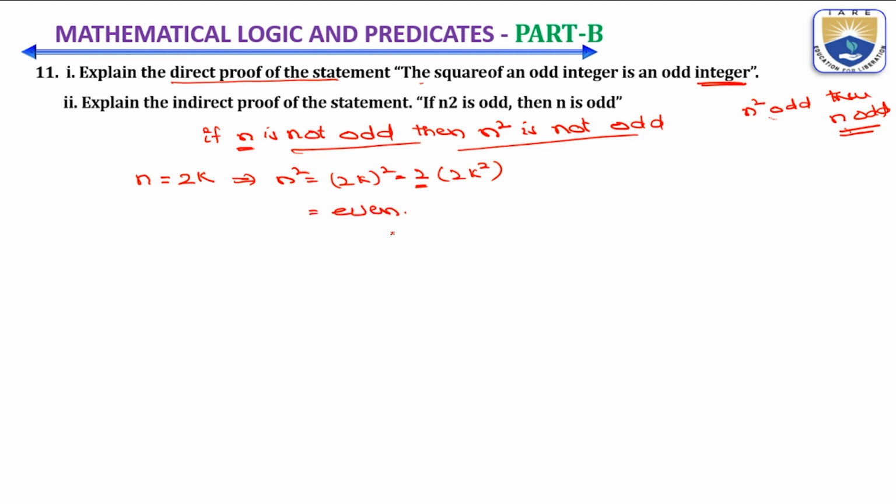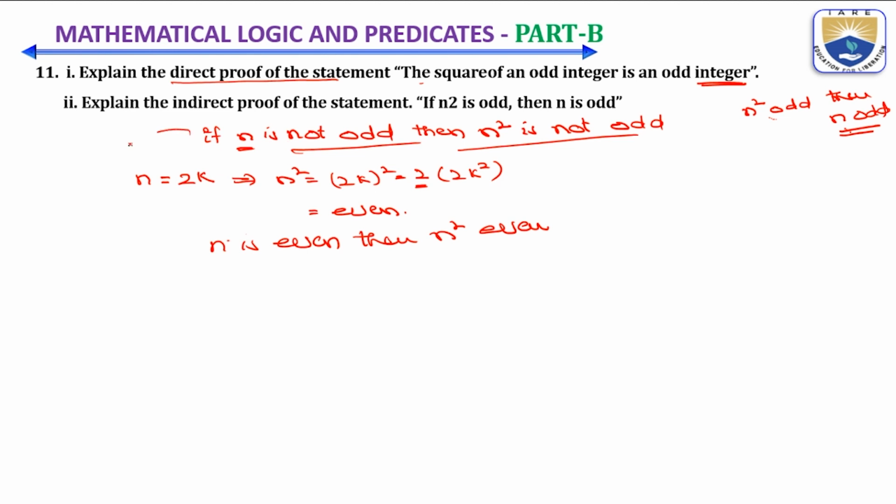Hence we can say that n square is not an odd number. That means n square is even. So n is even, then n square is even.